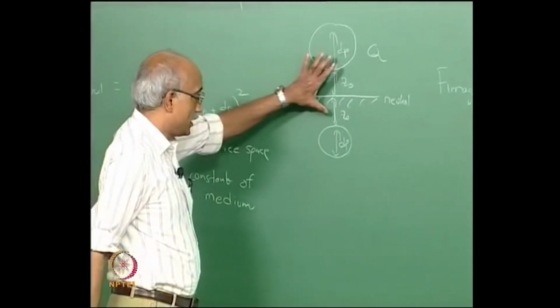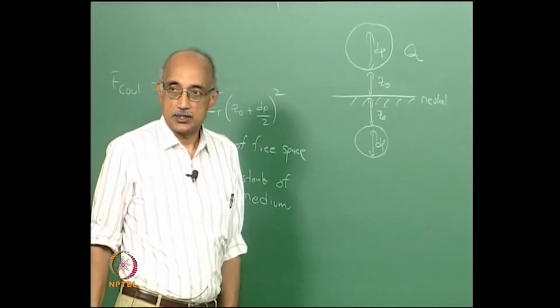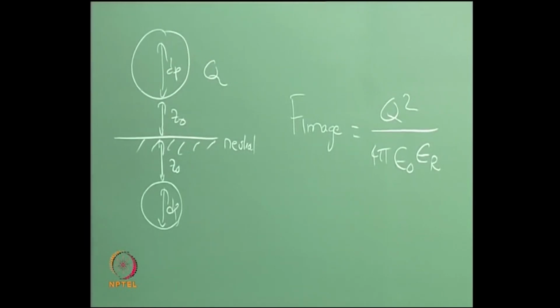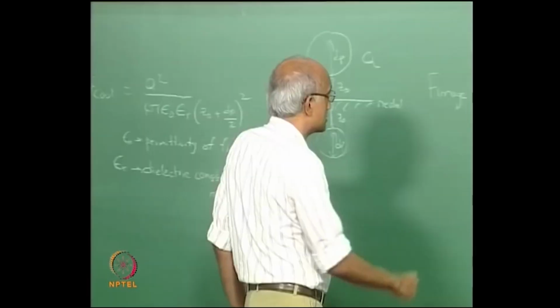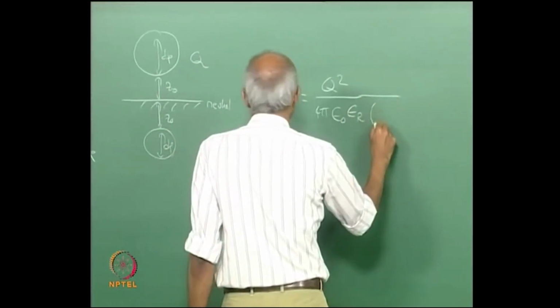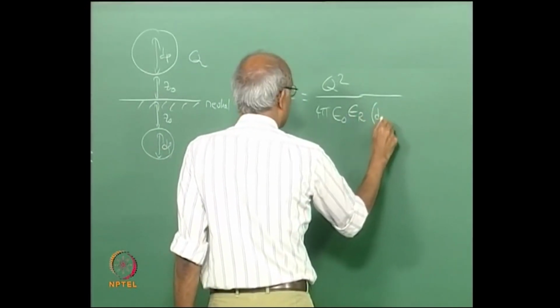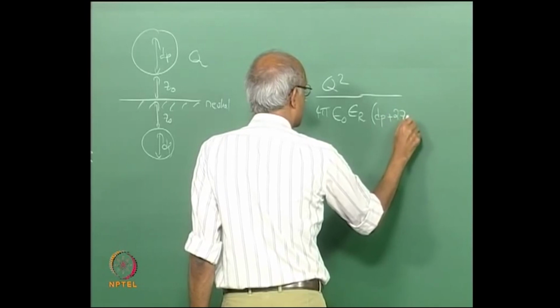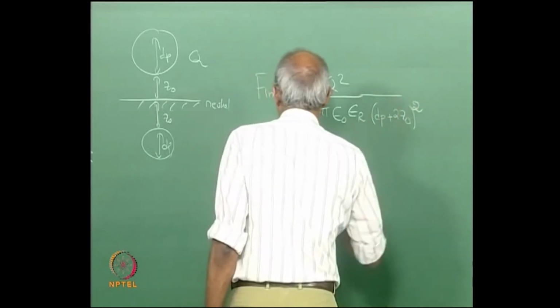The distance of separation now between the two bodies is roughly twice what it was in the previous case, right. So, we write this as (dp plus 2 z0) the whole square.